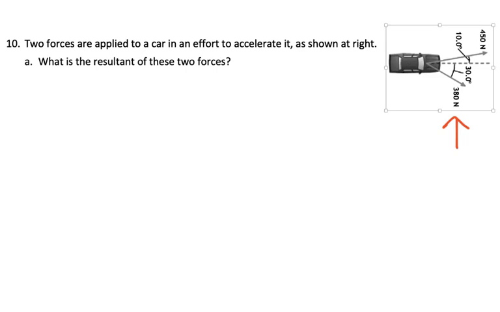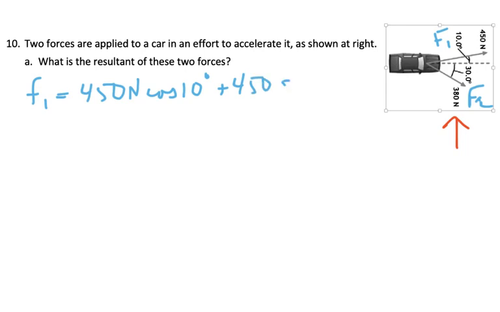All right, so let's define our vectors. So here's F1, one that's positive, and then we've got F2, which has a negative x component, the way we have it drawn. So F1 is equal to 450 newtons cosine of the angle, which is 10 degrees, plus 450 sine of 10 degrees.